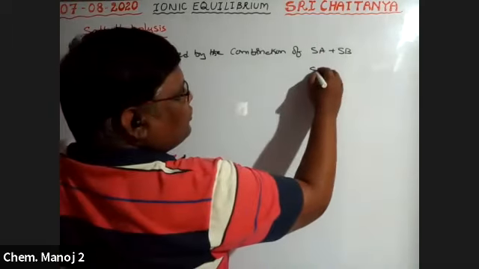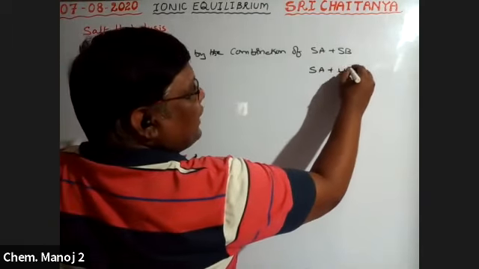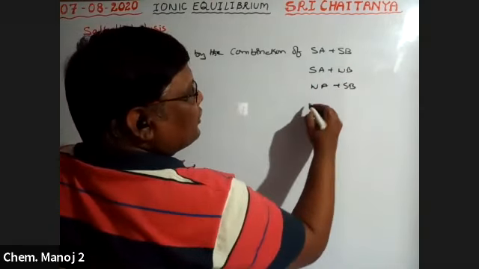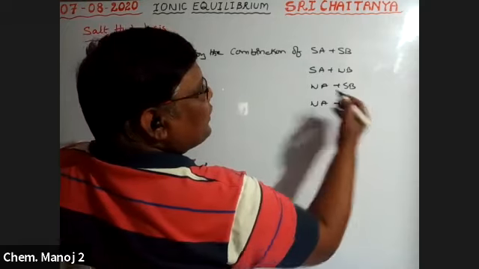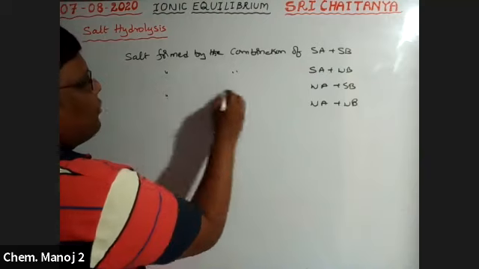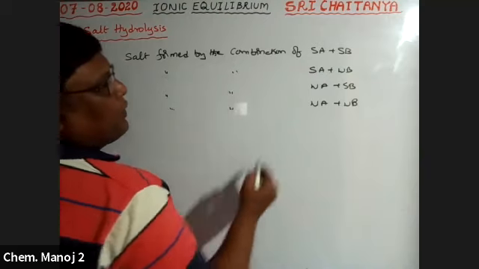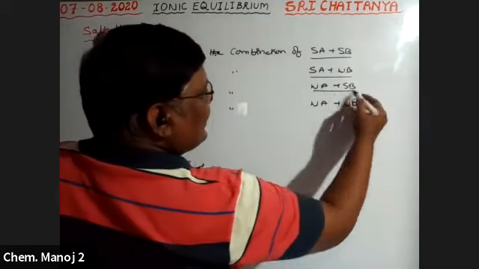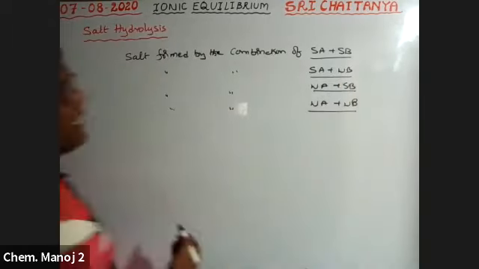Next, similarly, strong acid plus weak base may interact. Weak acid plus strong base may react. Weak acid plus weak base may react. That means these are the salts formed by the combination of strong acid with strong base, strong acid with weak base, weak acid with strong base, weak acid with weak base.